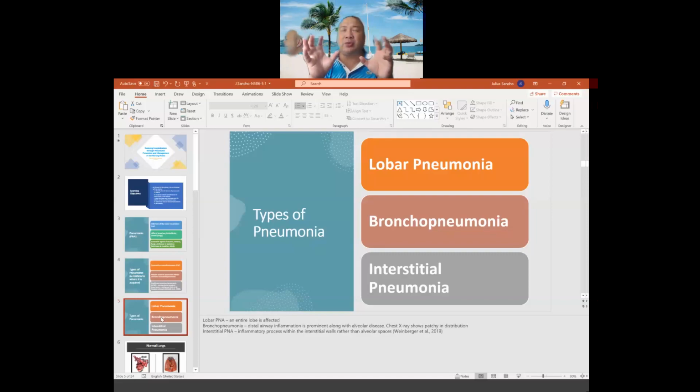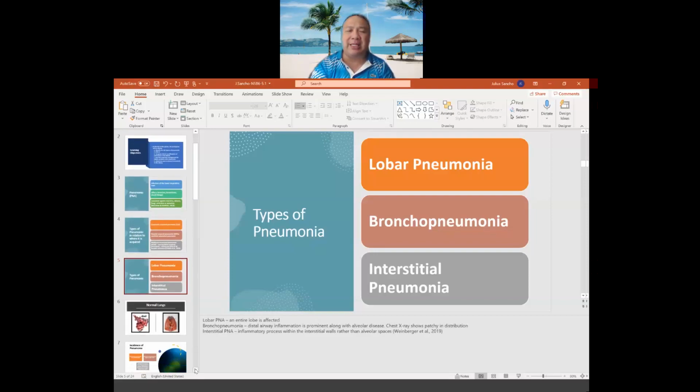When you look at the x-ray, you could see patches all over the lung field, which is bronchopneumonia. Interstitial pneumonia is not really common and is sometimes known as atypical pneumonia. It affects the cells between your alveoli. In X-ray, you could also see some patches just like bronchopneumonia. So that's your interstitial pneumonia.